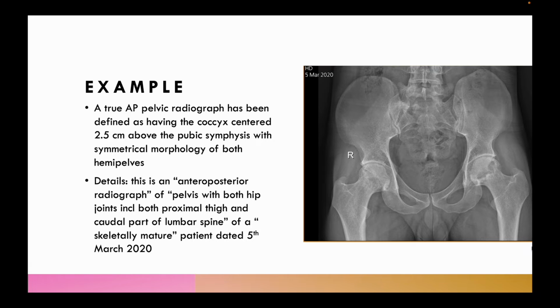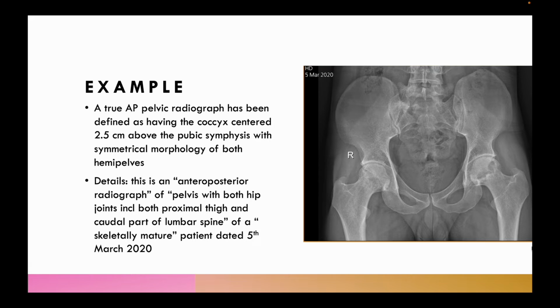And again, we have to ensure that we don't comment upon the true nature of the radiograph unless we are double sure. In pelvis, the true AP pelvic radiograph is defined as having the coccyx centered 2.5 centimeter above the pubic symphysis with symmetrical morphology of both hemipelvis.